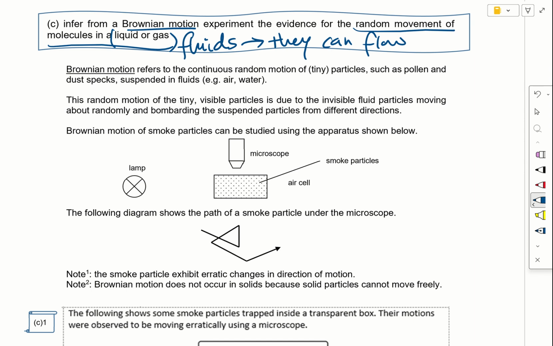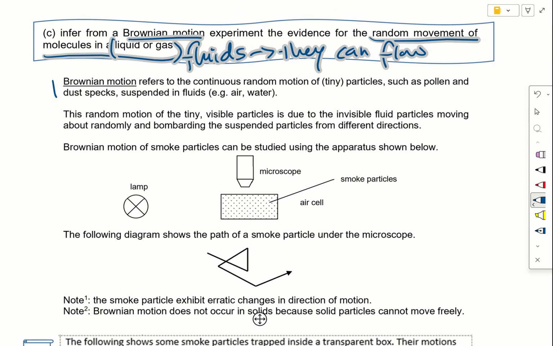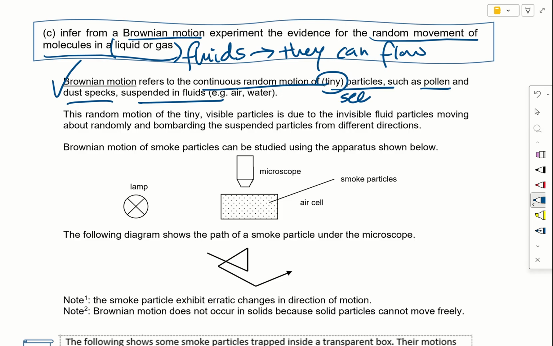So what is Brownian motion? It refers to the continuous random motion of tiny particles, such as pollen and dust specks, suspended in fluids. Now you can actually see the tiny particles. So he uses pollen and also some dust specks, and when they are suspended in fluids, the fluid particles are invisible.